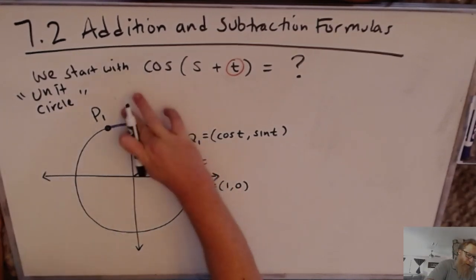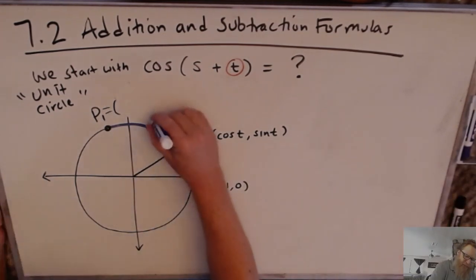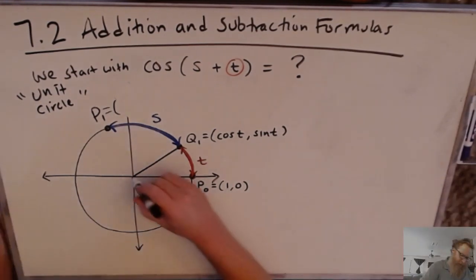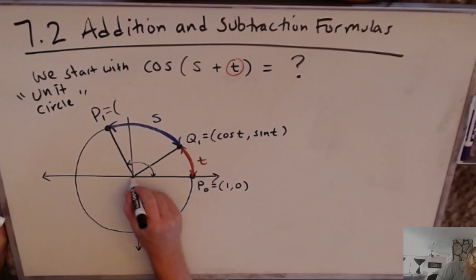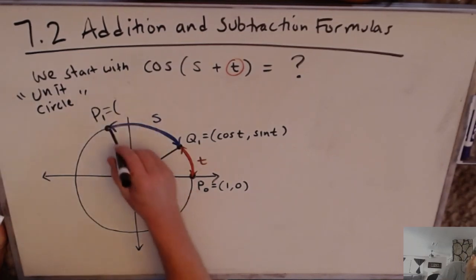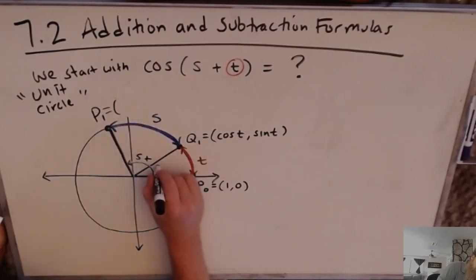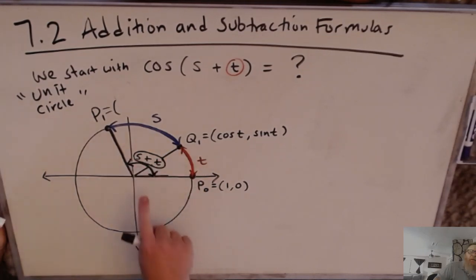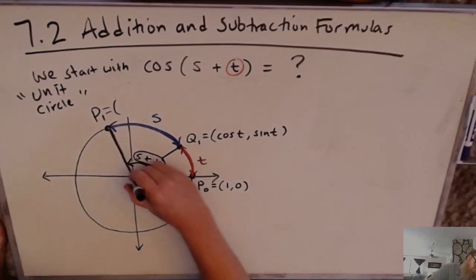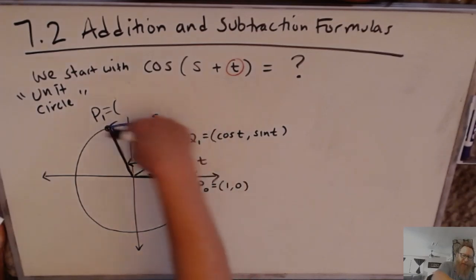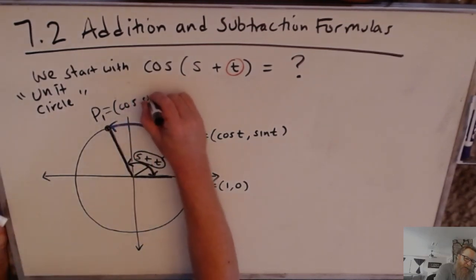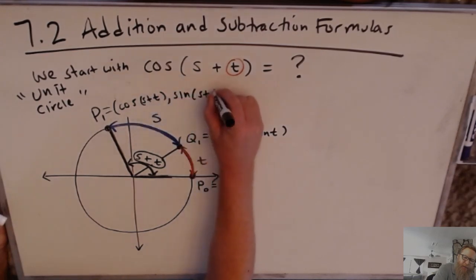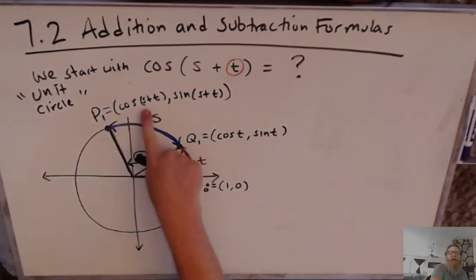We'll call this S. So altogether, this angle here from the x-axis all the way to P1 is S plus T. We're going to call that S plus T. It's the sum of S and T. So that means P1 will be cosine S plus T, comma sine S plus T. Again, this is the x coordinate and this is the y coordinate.